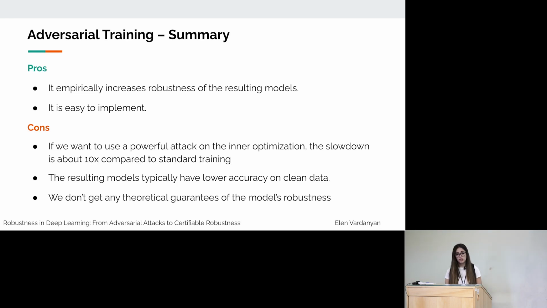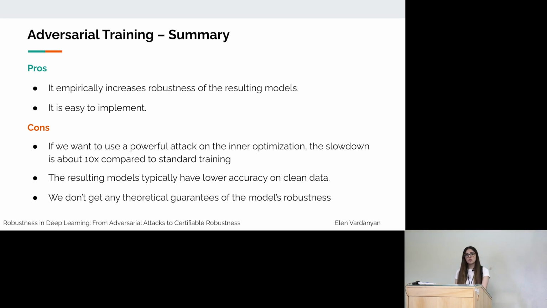Okay, so in summary, we have a couple of advantages in adversarial training, such as that it empirically was shown to increase the robustness of the models, and it's also relatively easy to implement. But the disadvantages are that if we want to use a powerful attack, then it's going to be super slow compared to standard training.